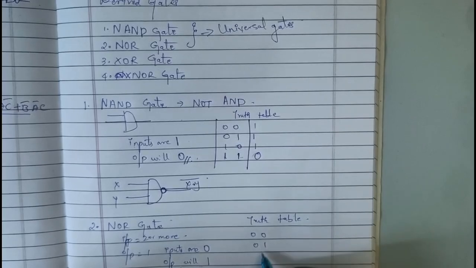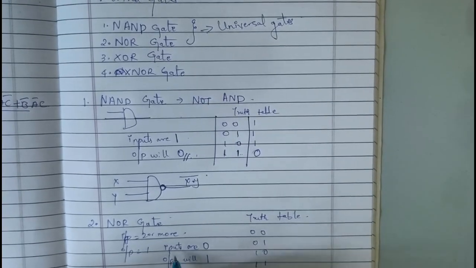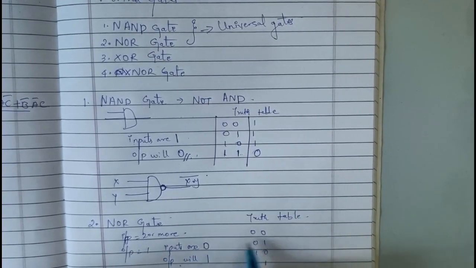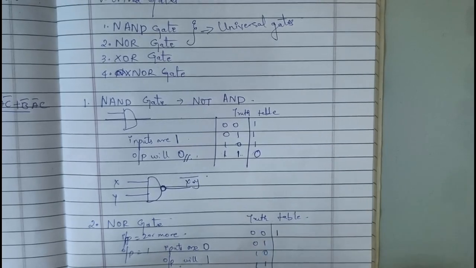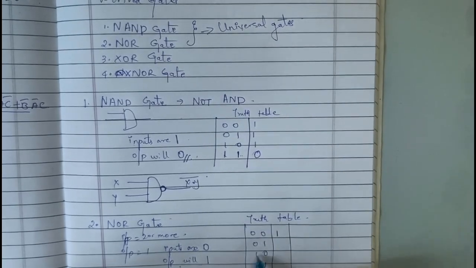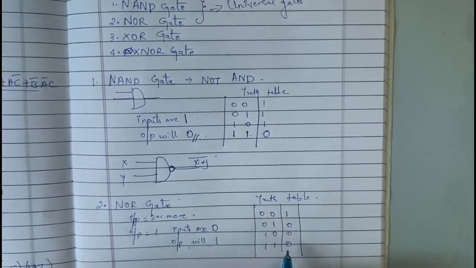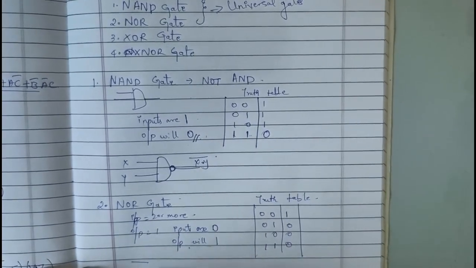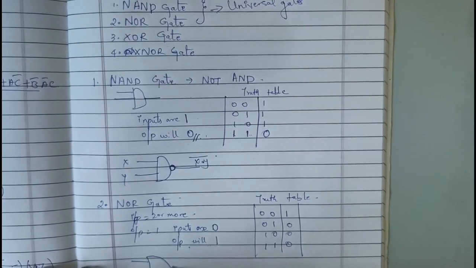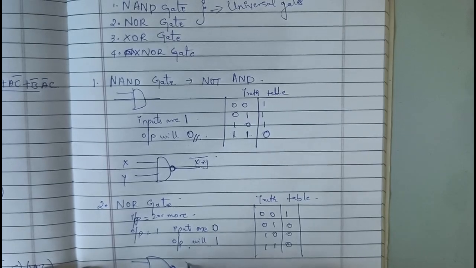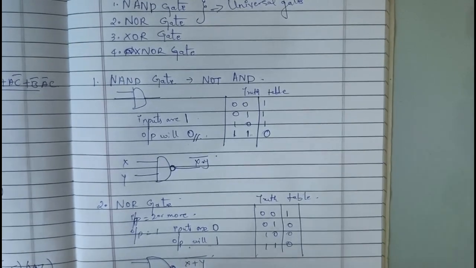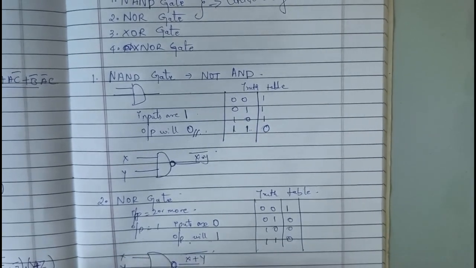So 0 0, 0 1, 1 0, 1 1: all inputs should be 0, then it's going to be 1. If not all 0, the output is 0. The symbol for this is the same as what we have seen for OR, and then we add a NOT symbol.